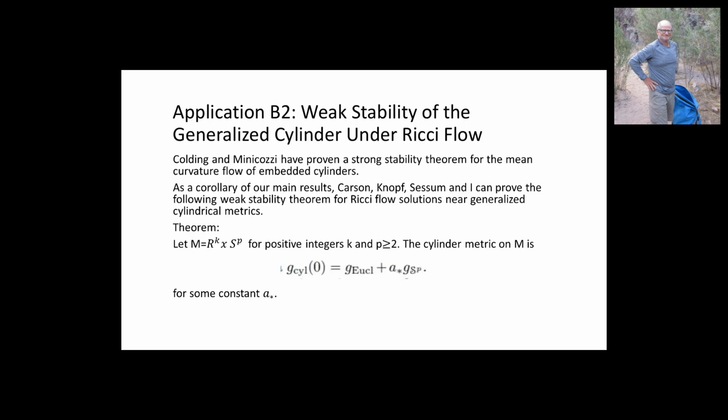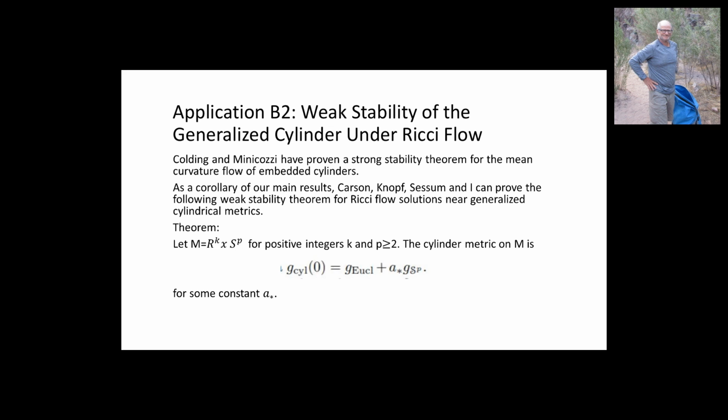I want to mention another application of these results we have. This gives us a very weak stability of the generalized cylinder under Ricci flow. There are important results of Colding and Minicozzi that prove a strong stability for the mean curvature flow for embedded cylinders.